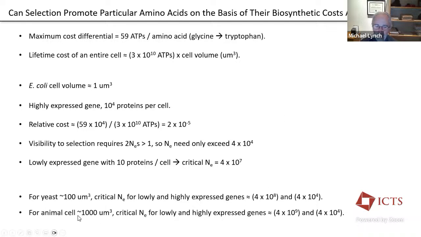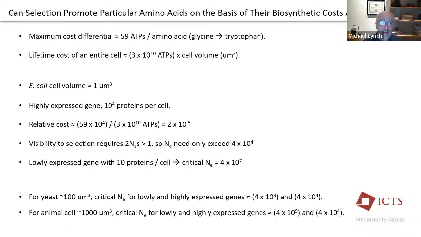Then we jump into an animal cell. This is sort of a moderate sized animal cell, 1,000 cubic microns. And then these numbers jump up to the ones down here. And now we're getting to the point where in a mammal or a vertebrate, probably a land plant in general, effective population sizes just are never large enough to discriminate amino acid utilization in proteins based on their bioenergetic capacity, unless the gene is really enormously expressed in the cell.